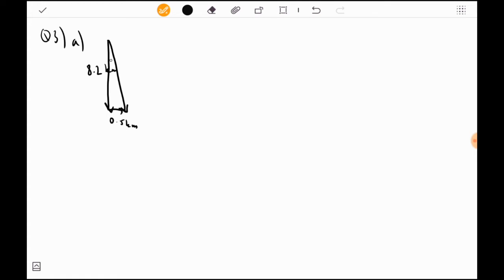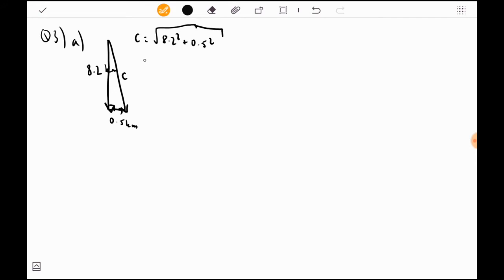So to find this resultant vector, we can see here that these two vectors are at right angles because one is pointing south, one is pointing east. So that means to find the magnitude of this vector, we can just use Pythagoras. So I'm just going to call it C, so C is equal to the square root of 8.2 squared plus 0.5 squared.